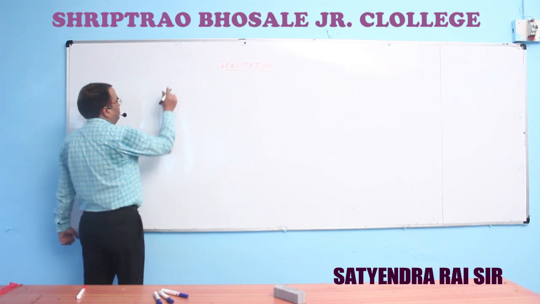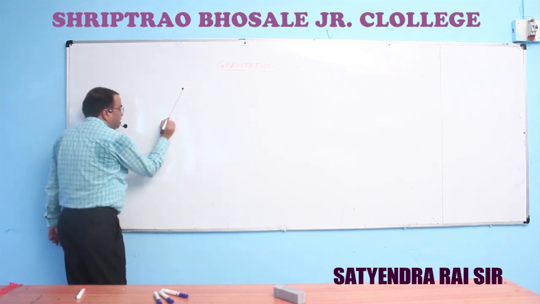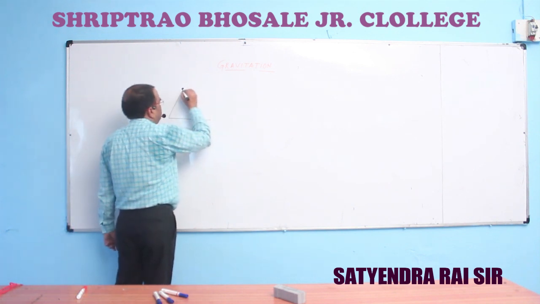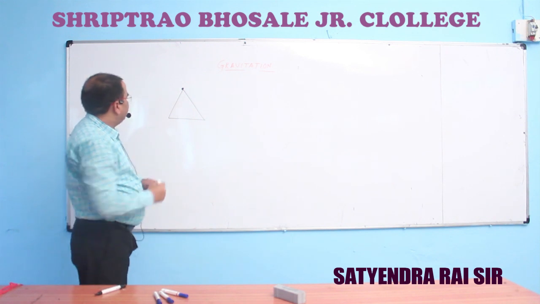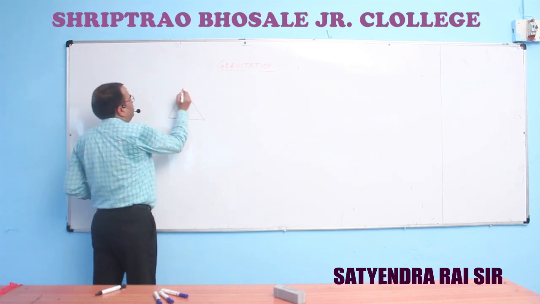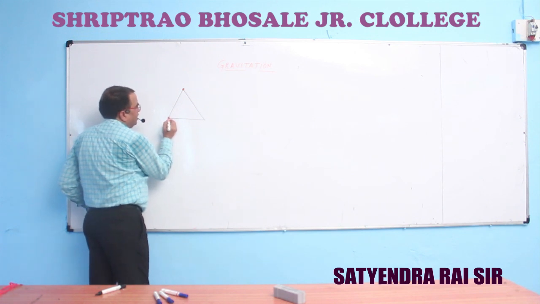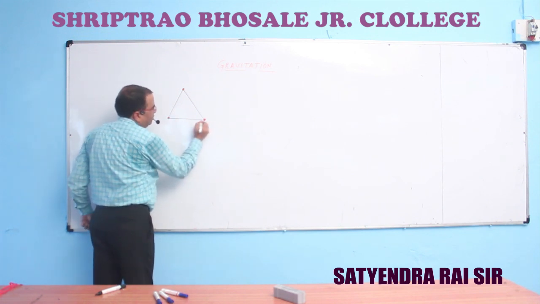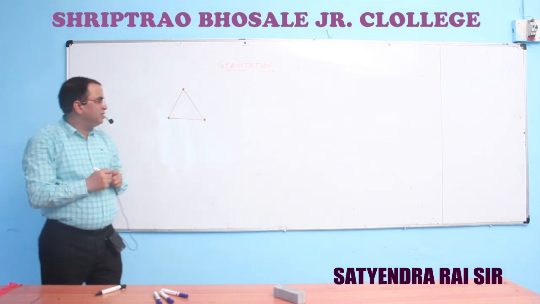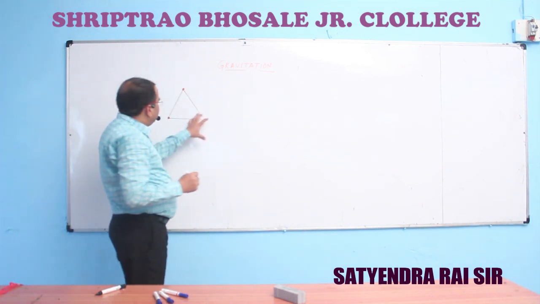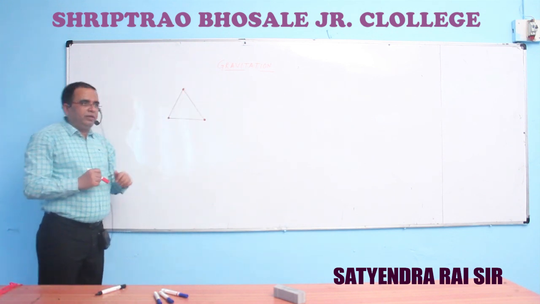Okay, let us have a problem. Let us say there are 3 particles placed. There are 3 particles we are showing you. Here is one, here is the second, and here is the third. These 3 particles are placed on the 3 vertices of an equilateral triangle.